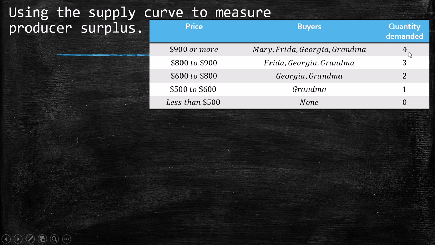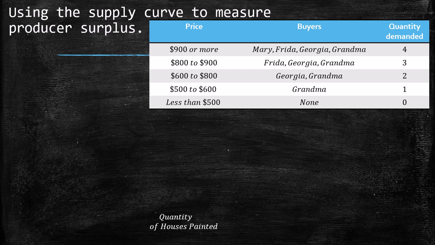And when the price goes down, in this case not the buyers but the producers are less willing to offer their service. When the price is less than 500, none of the workers will offer. Why? Because the willingness to sell, or the cost, is higher than what they are going to receive.